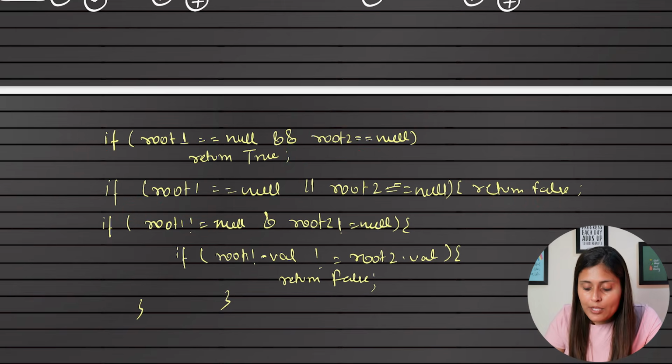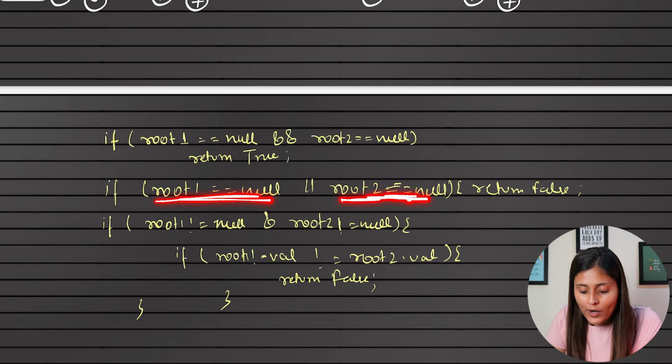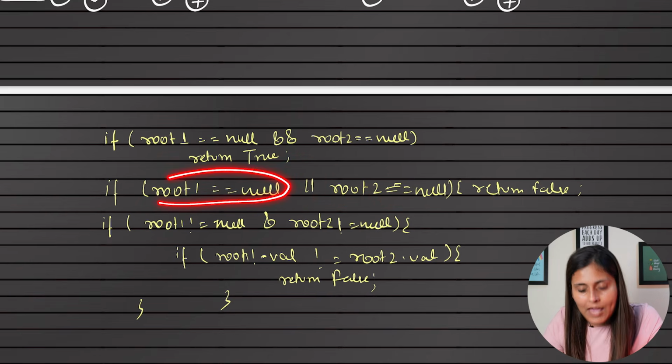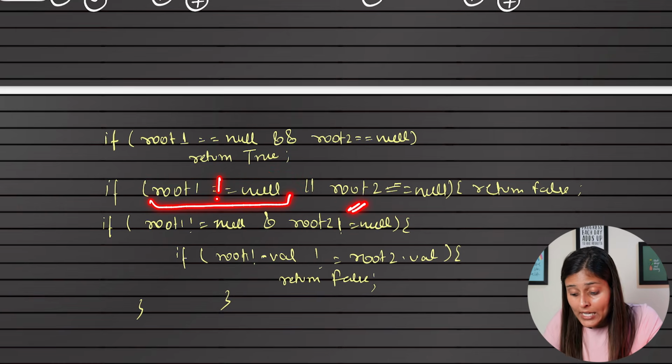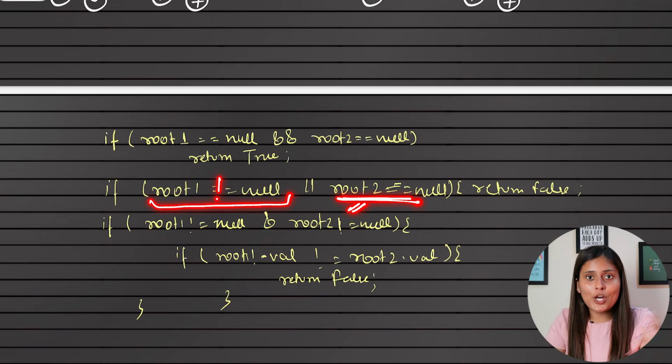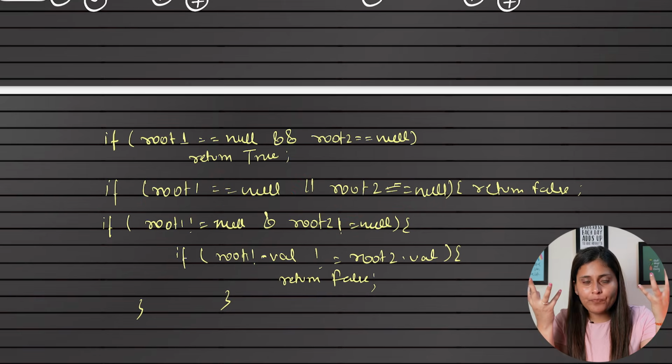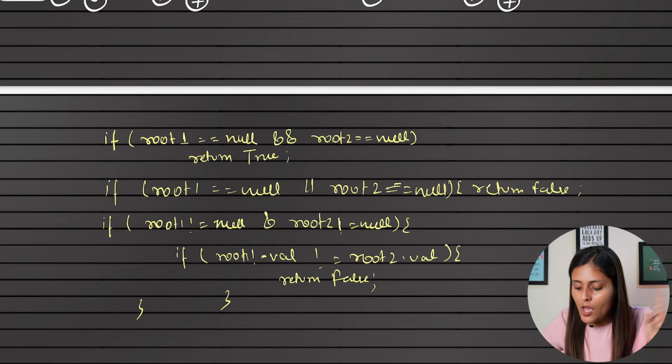Or else if root 1 is not null and root 2 is null, because the OR condition says, if the first passes, I will not check the second one. But if the first says no, it is not null, then it will go for the second check. And if it says it is null, it means for sure root 1 exists and root 2 does not exist. It means that condition passes, one exists and the other does not, so return false then and there.